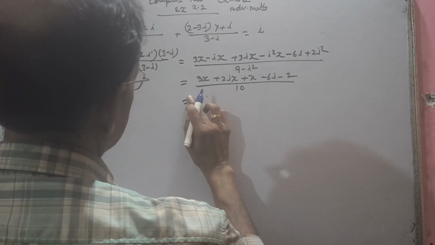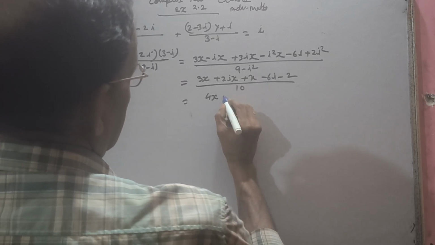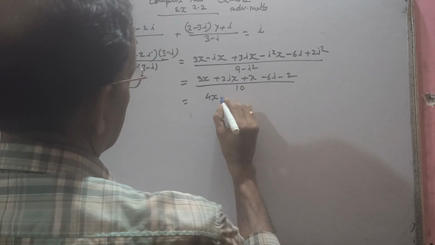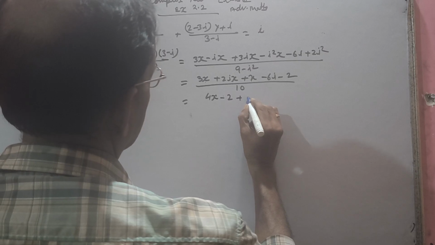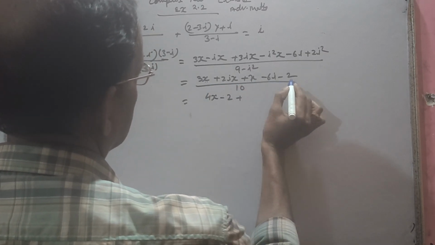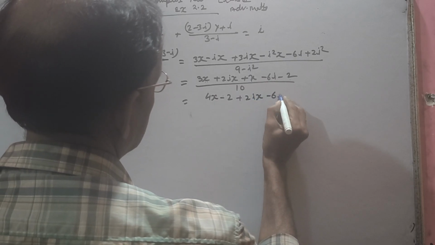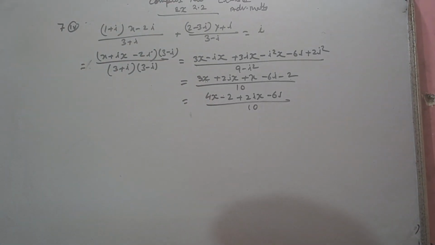How much will we get? 3x plus x, 4x, minus 2, plus 2ix minus 6i, all by 10. Okay. Check that the calculation is correct.